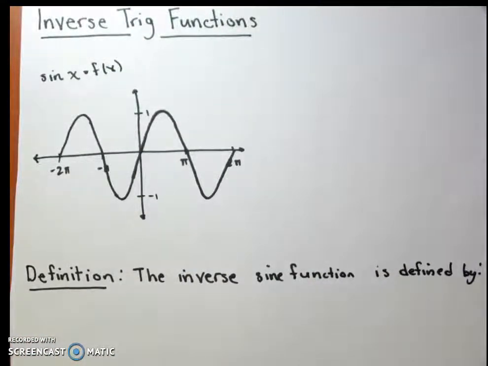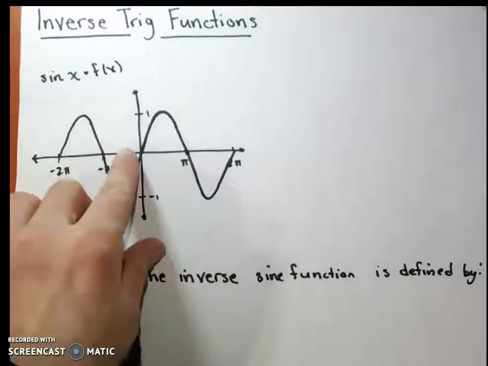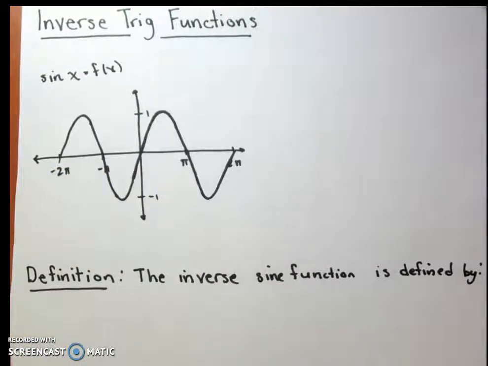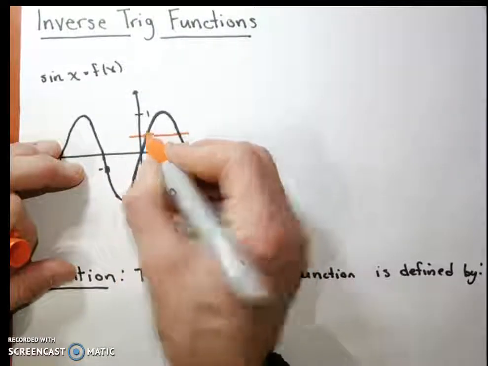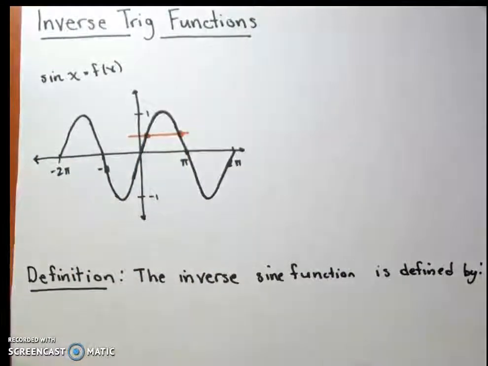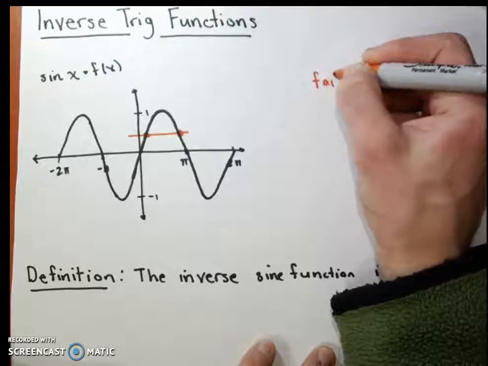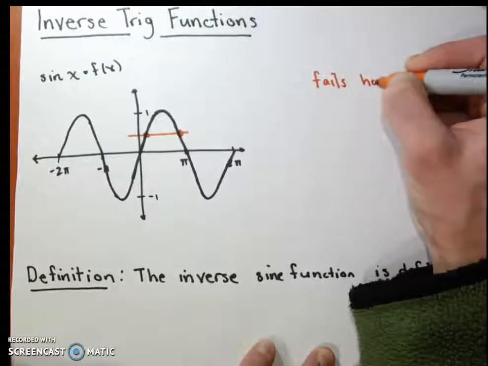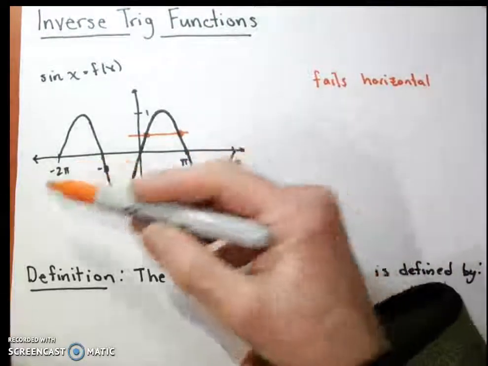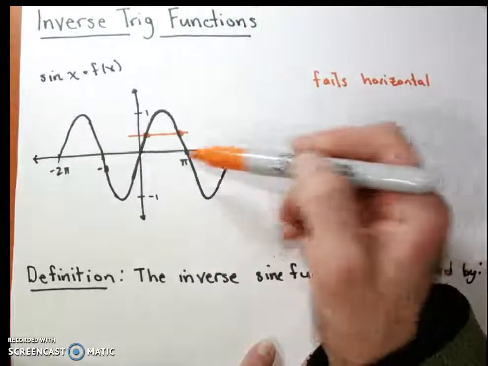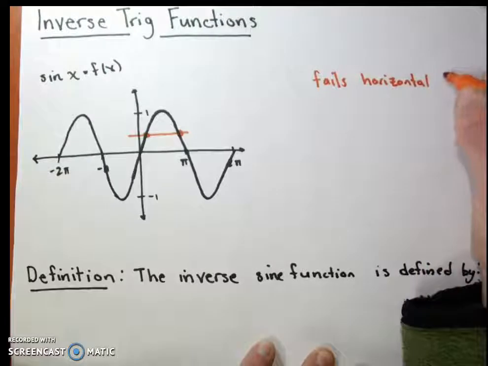Well, first you'll notice that this actually fails the horizontal line test, because if we draw a horizontal line, it crosses in two different points. So this function definitely doesn't have an inverse for all x values, because it fails this horizontal line test.